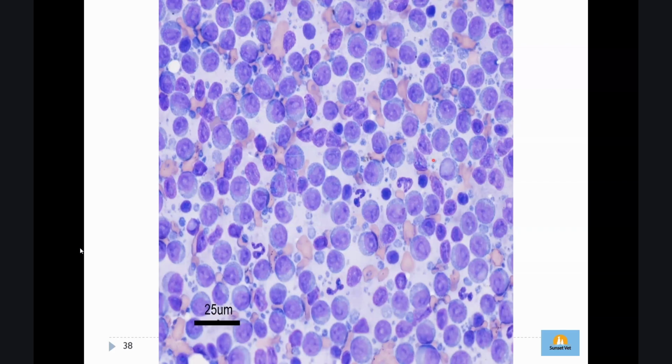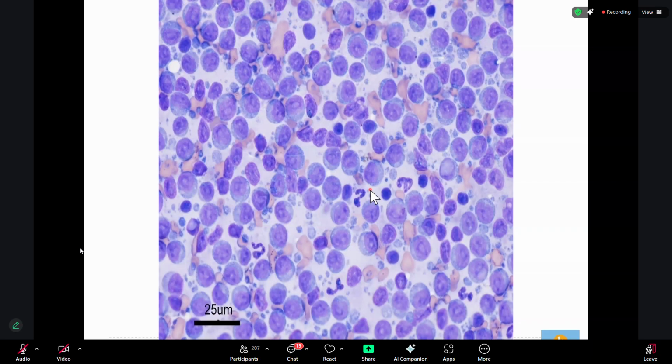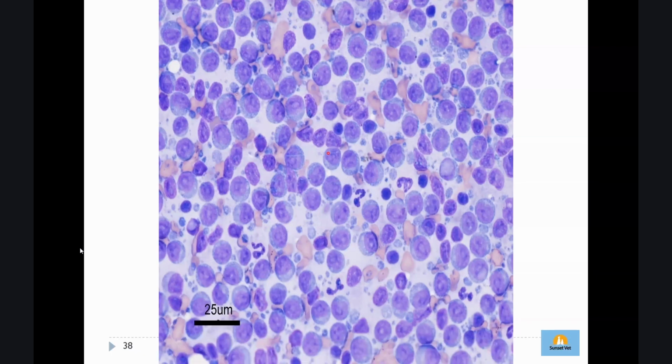From this picture, is there any granules, or any vacuoles in the cytoplasm? Is there any vacuole or not?